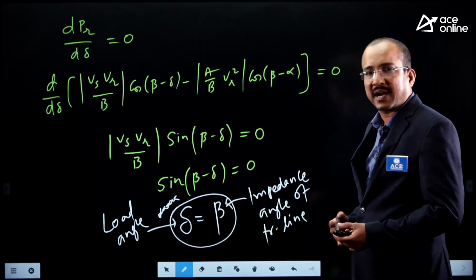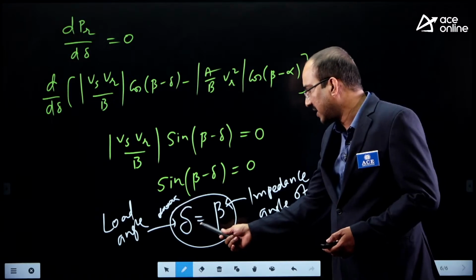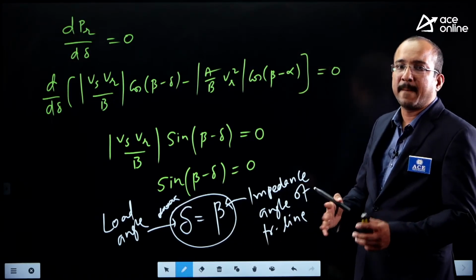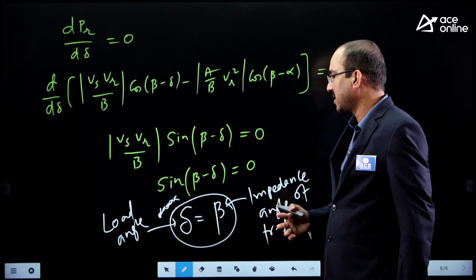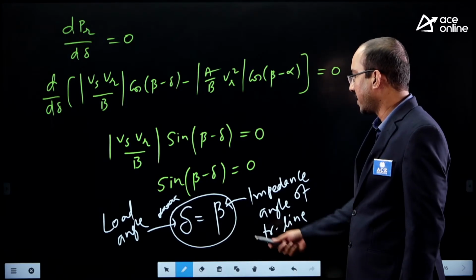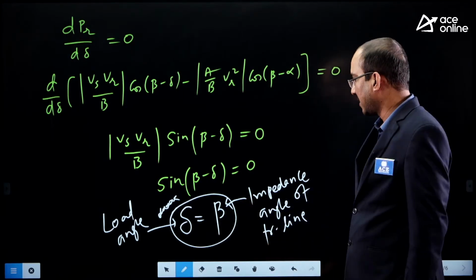So this is the condition that must be satisfied. When delta equals beta, you will get the maximum real power transfer at the receiving end. The load angle must be same as the impedance angle of the line.